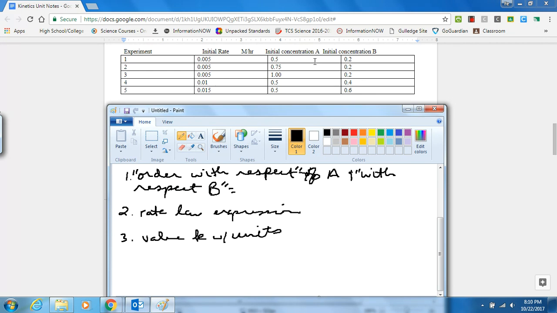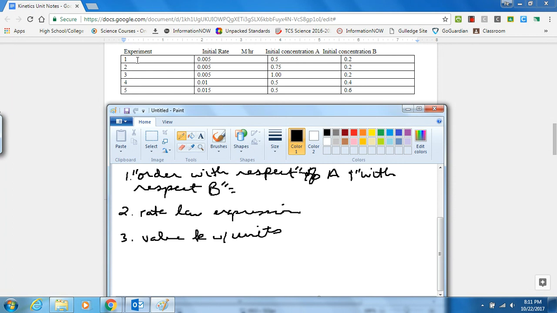If I want to find the order of A, I need to hold B's concentration constant. The reason why is because if I have A changing and B changing, I don't really know which one is affecting the rate. So whoever is changing concentration, that is the one I'm figuring out how that affects rate. I want to keep the other one constant.